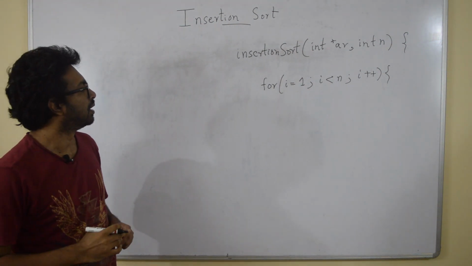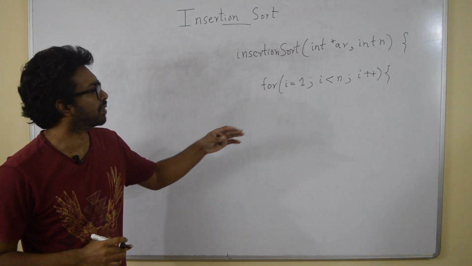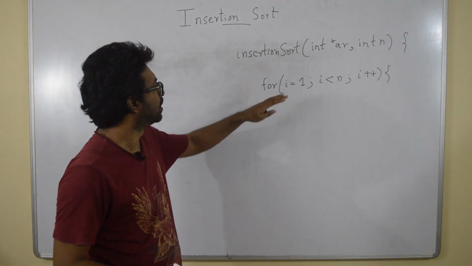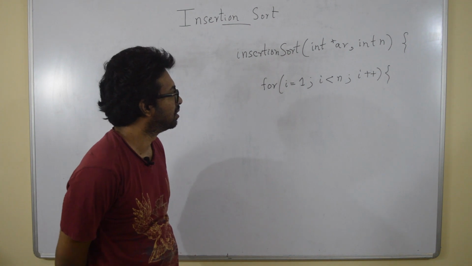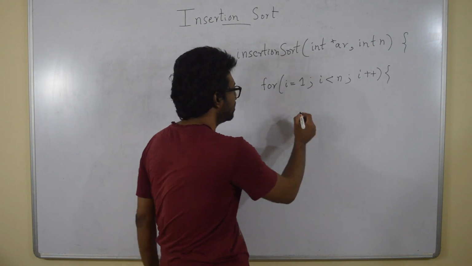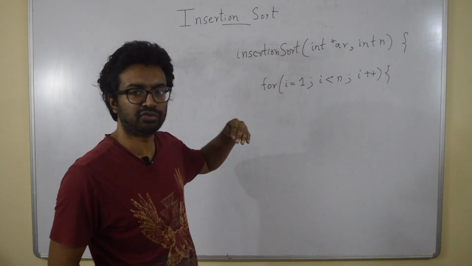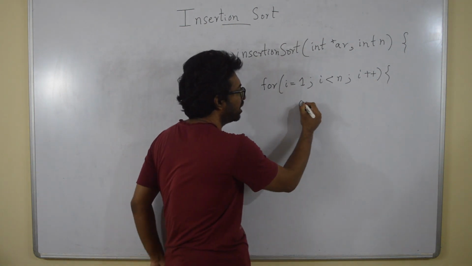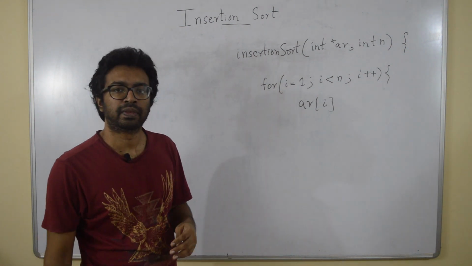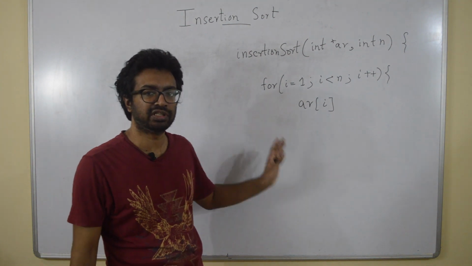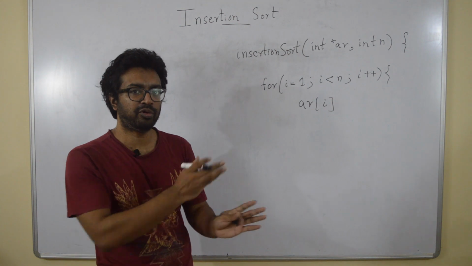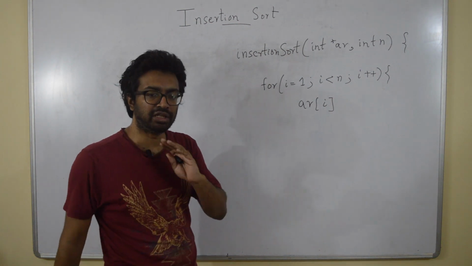Once we do this, I'm going to look at AR of I. In this for loop, when I look at AR of I, I'm assuming that all the previous elements, AR of 0 to AR of I minus 1, are already sorted, and I'm going to place AR of I in the best position possible.